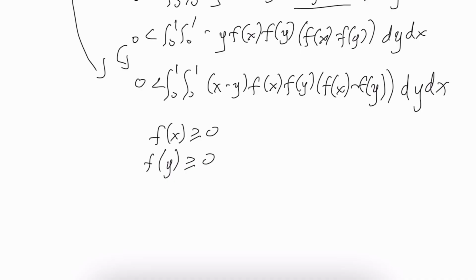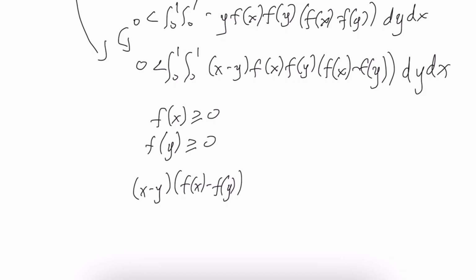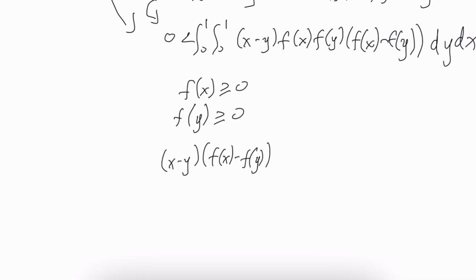We can't make x minus y always greater than or equal to 0, or f of x minus f of y always greater than or equal to 0, but we can look at their product instead. We can consider them as one unit. And we can make use of the fact that f is strictly increasing. So when x is greater than y, we have f of x is greater than f of y. That's what strictly increasing means. So we have that the expression is going to be positive.